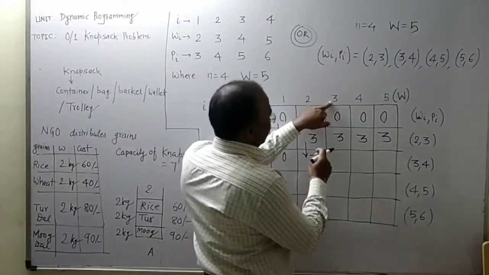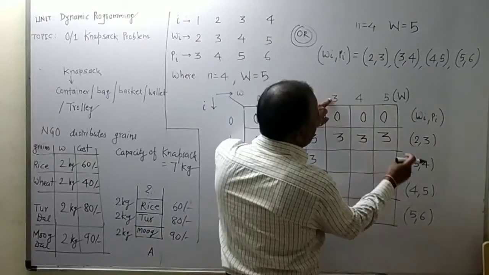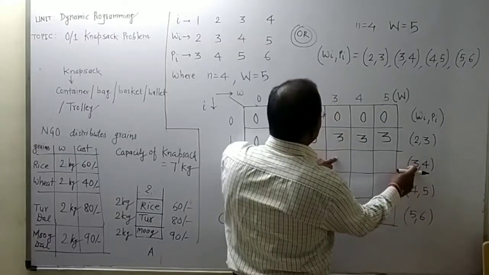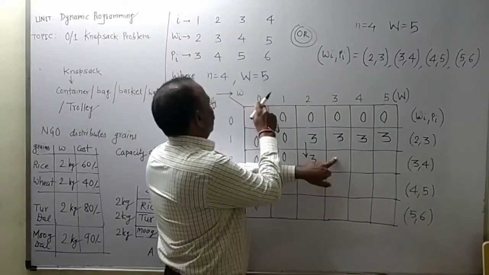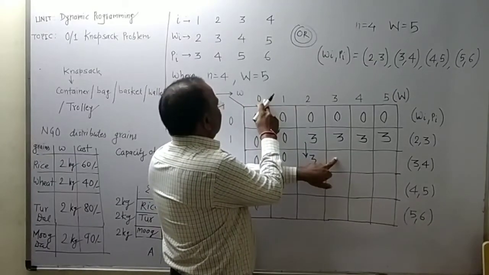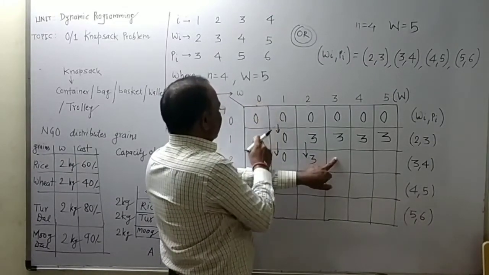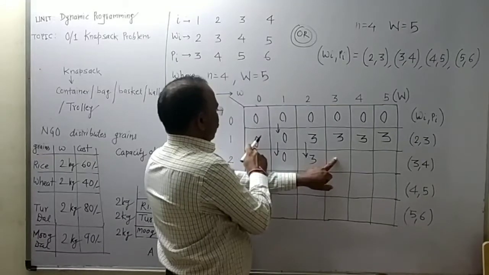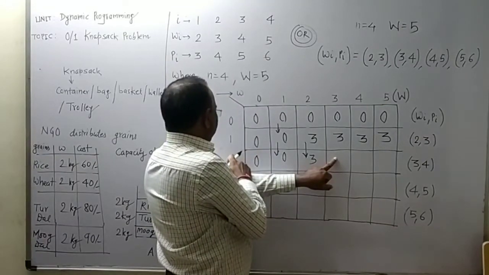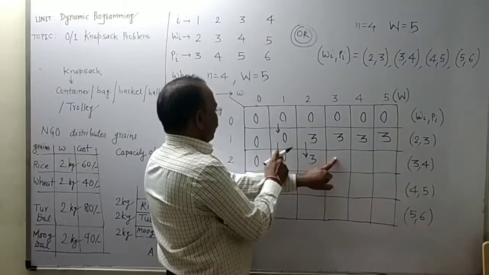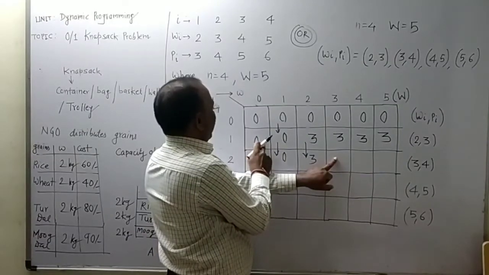How to find out the other column? This minus this. 3 minus 3, that is 0. This one. And in this, the cell is this one, 0. Because now we are working on the second row and the previous row is nothing but row 1.